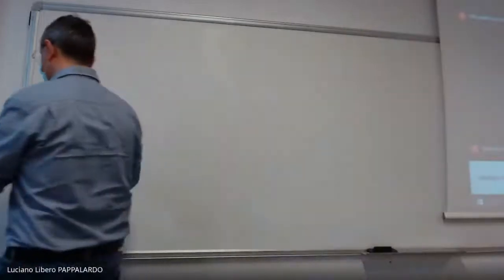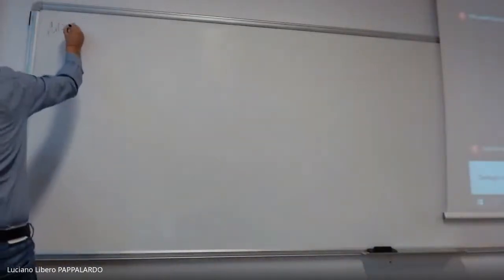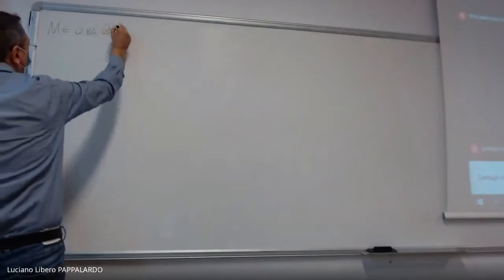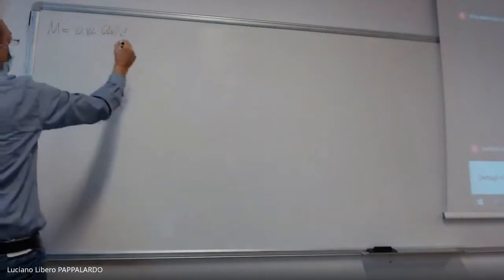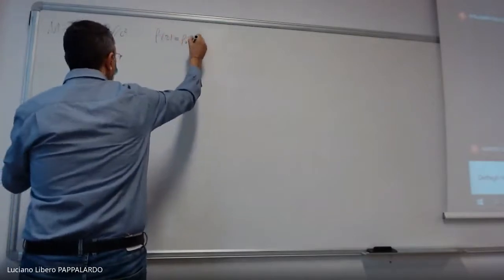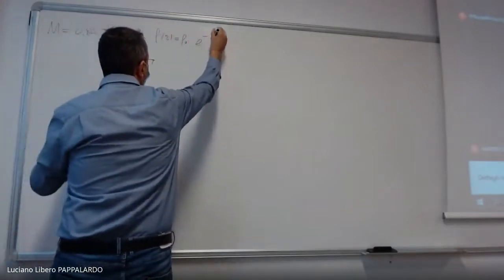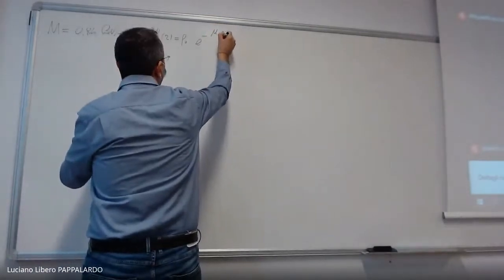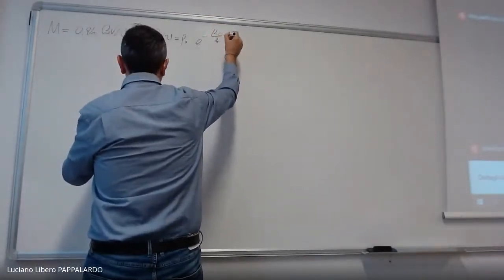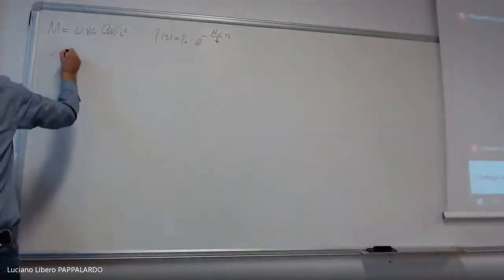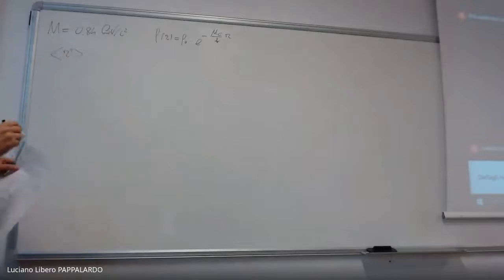So we have a mass of 0.84 GeV, and a charge distribution given by a constant times an exponential, e to the minus mc r divided by h bar. We want to calculate our root mean square radius.